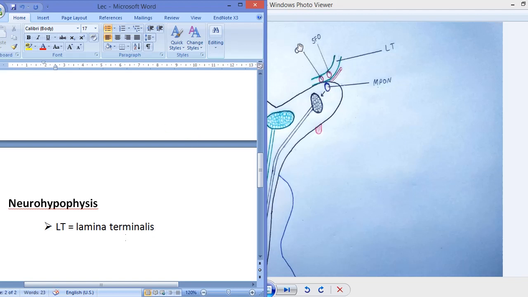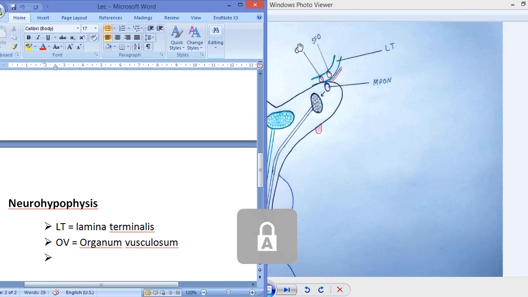The OV is for organum vasculosum, and the SFO is for subfornical organ.